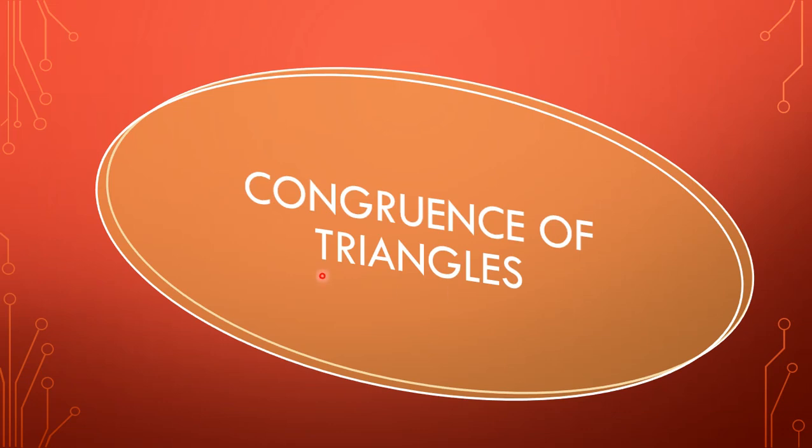Now let us talk about congruence of triangles. What is the meaning of the congruence of triangles? As we learned, polygons having an equal number of sides equal in measure are congruent. Now we are talking about triangles. In the sense of the triangle, what is congruency?